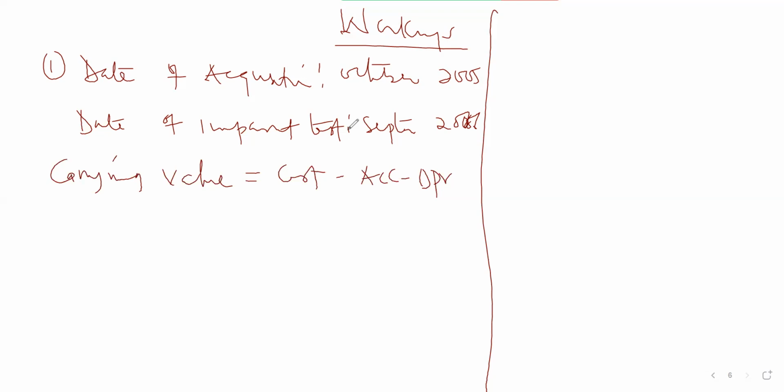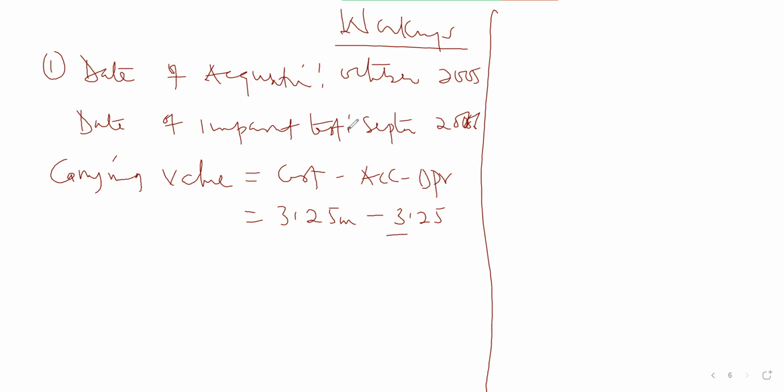So what is the cost of the assets? 3.25 million. Then minus the accumulated depreciation, which will be 3.25 divided by the useful life. Do you have residual value? No, sir.